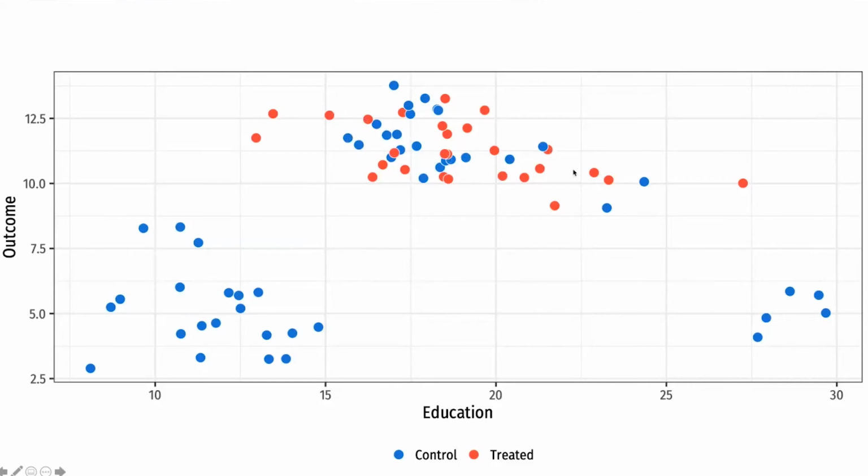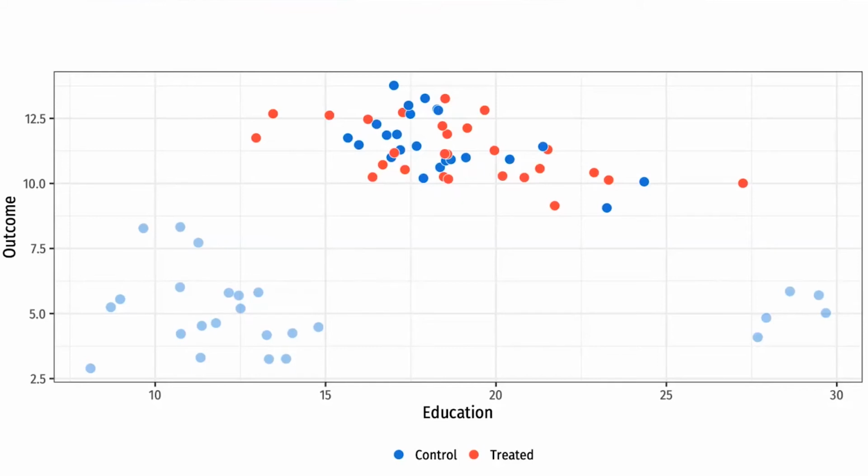So if we can restrict the data to just that world up here and ignore these people here, not that they're outliers, but because there are no people that got treatment in those groups, we don't really want to deal with that. And if we can do that and match the treated and the untreated pairs, then that will let us find a more accurate view of the effect of the program.